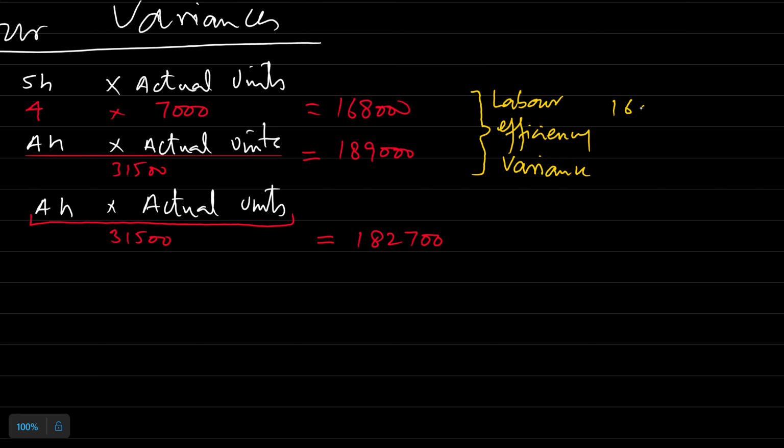It is 168,000 minus 189,000. The answer is 21,000, adverse or A.